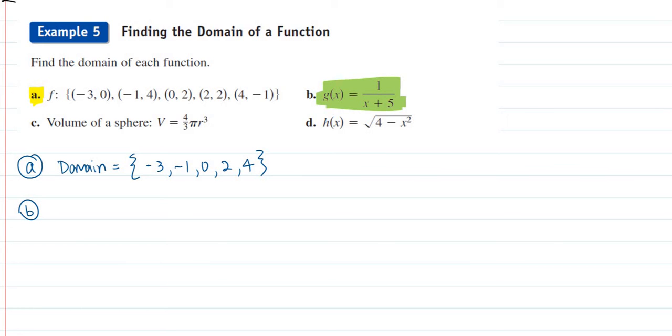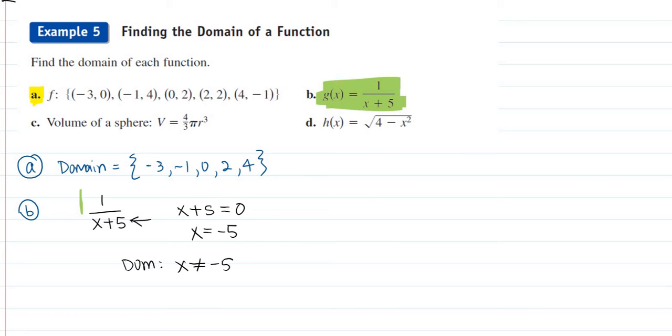So for part B, we're most interested in what's happening in the denominator. What would make the denominator equal 0? So we can set it equal to 0 and solve. And that is the part that we have to eliminate from our domain. So our domain would be the set of all real numbers such that x does not equal -5. So it can be anything except for -5.